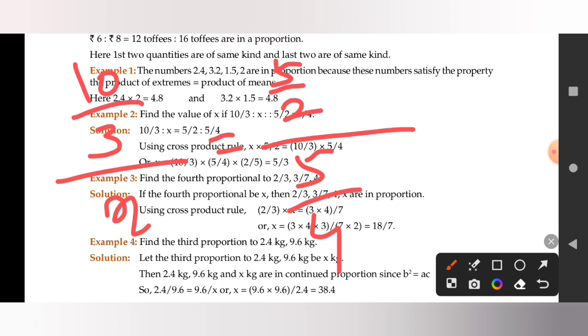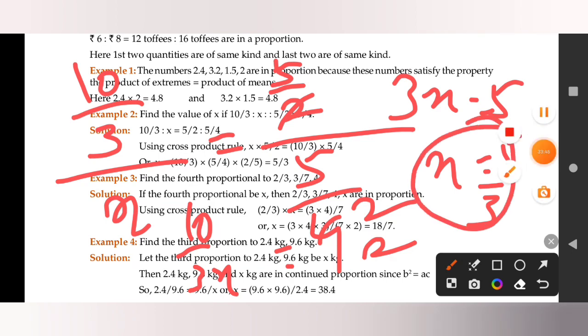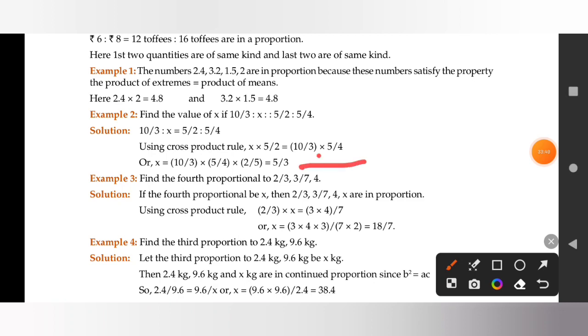So inverted, it comes out as 10 by 3x is equals to 2. So 3x is equals to 5 and x is equals to 5 by 3. Let's check the answer. Yes.